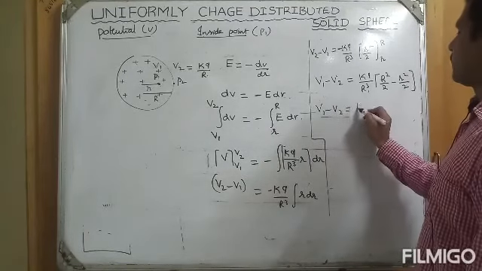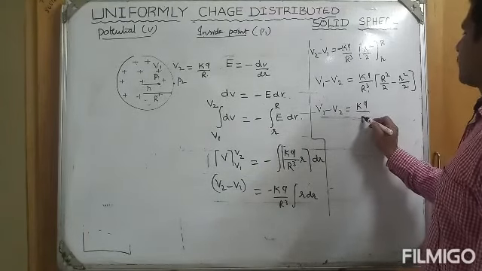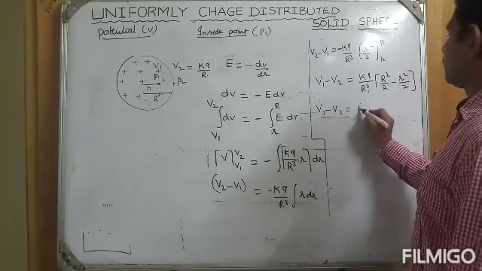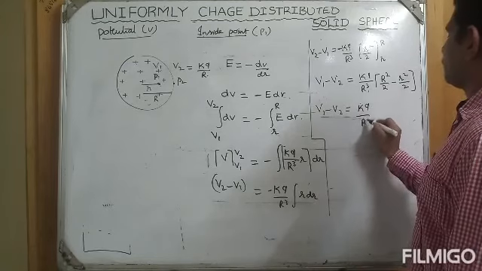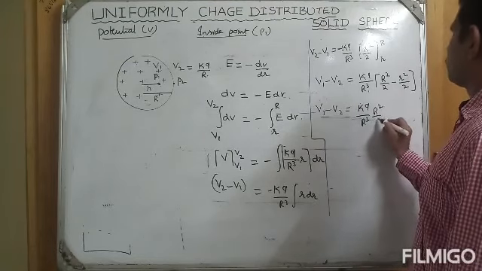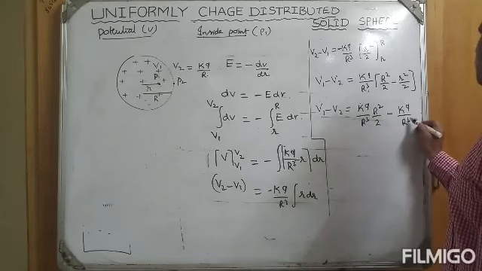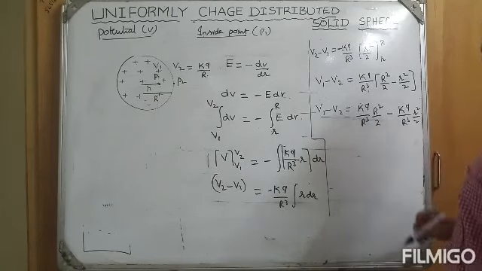is equal to KQ by R cube. If you open the brackets, KQ by R cube into R square by 2 minus KQ by R cube into r square by 2. Understand?